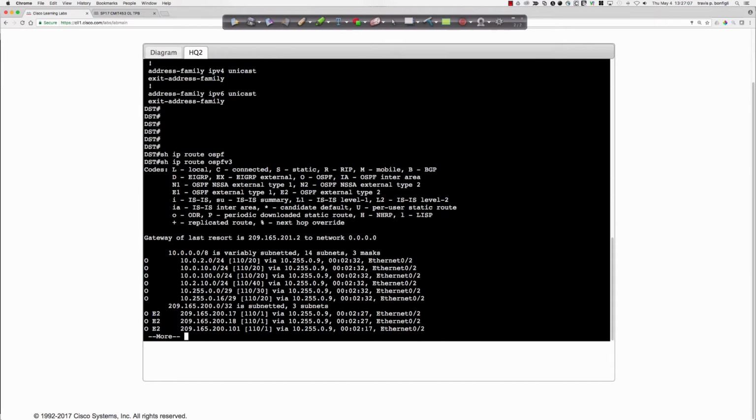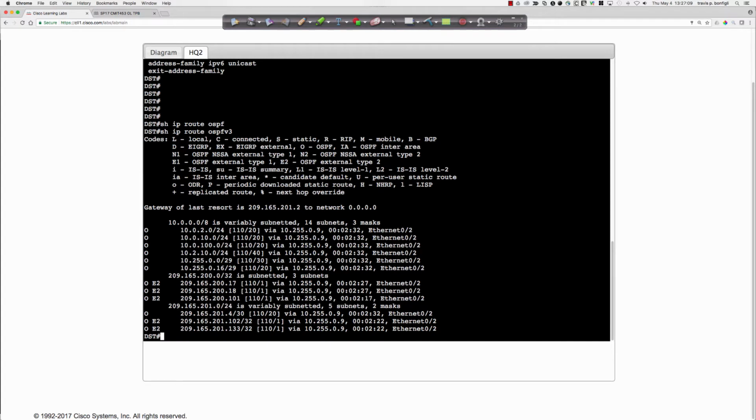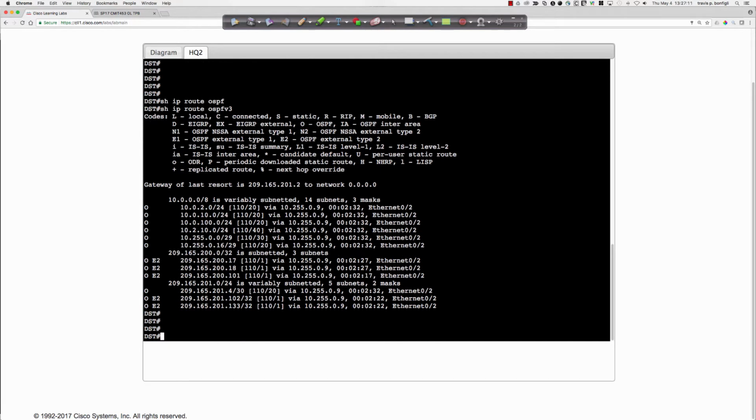Yeah, there we go. This is one of the more frustrating things: I want to see the IPv4 information, so I say show ip route, because that's going to show me the IPv4 information.